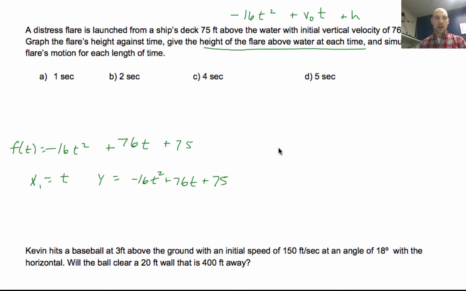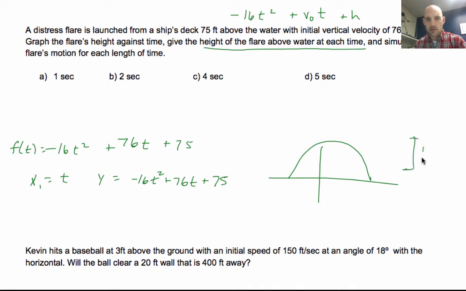So I want you to think about this. We don't know what it is, but let's just say a parabolic motion is like this. Well, look at this for a second. The height is going to be y. And so the other variable in this rectangular equation is my x, which is equal to my time.